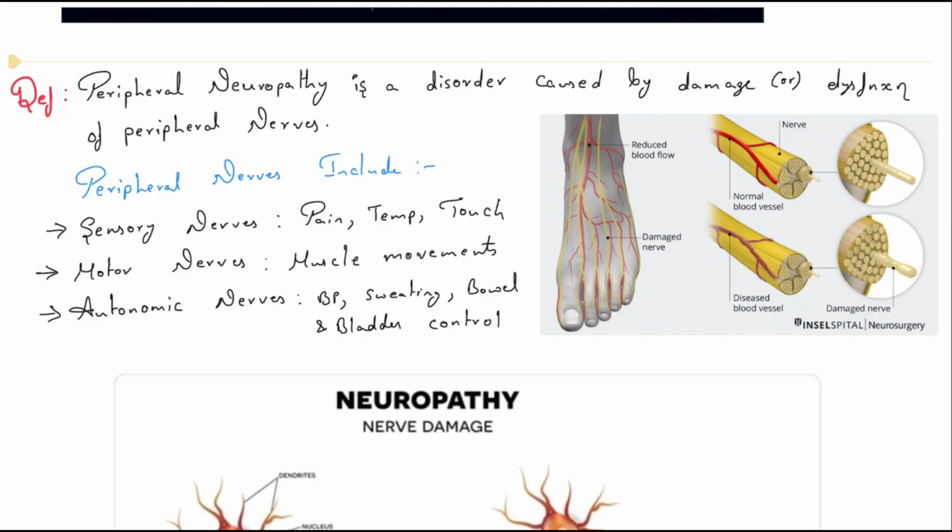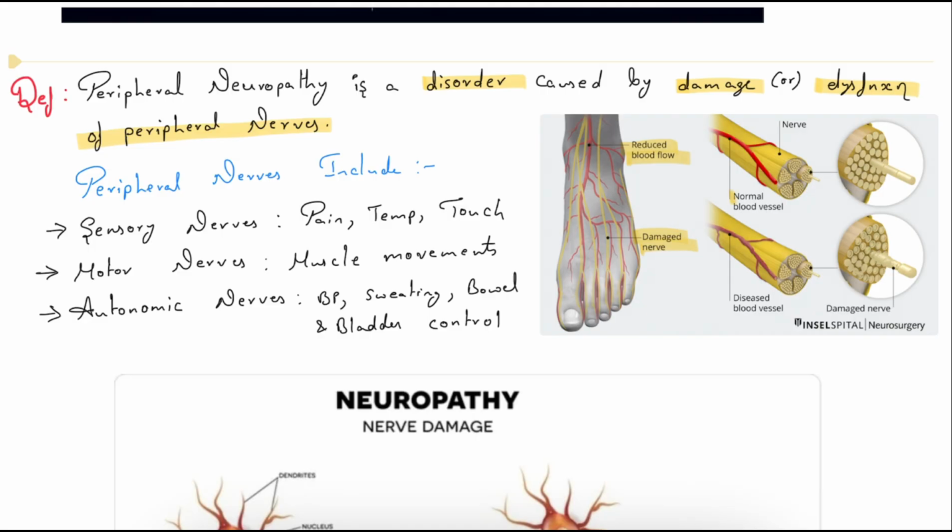Peripheral neuropathy is a disorder caused by damage or dysfunction of peripheral nerves. You can see here, these are the peripheral nerves. Whenever that nerve becomes damaged, what will happen? It will convert into pathy. Pathy means impaired function of the nerve.